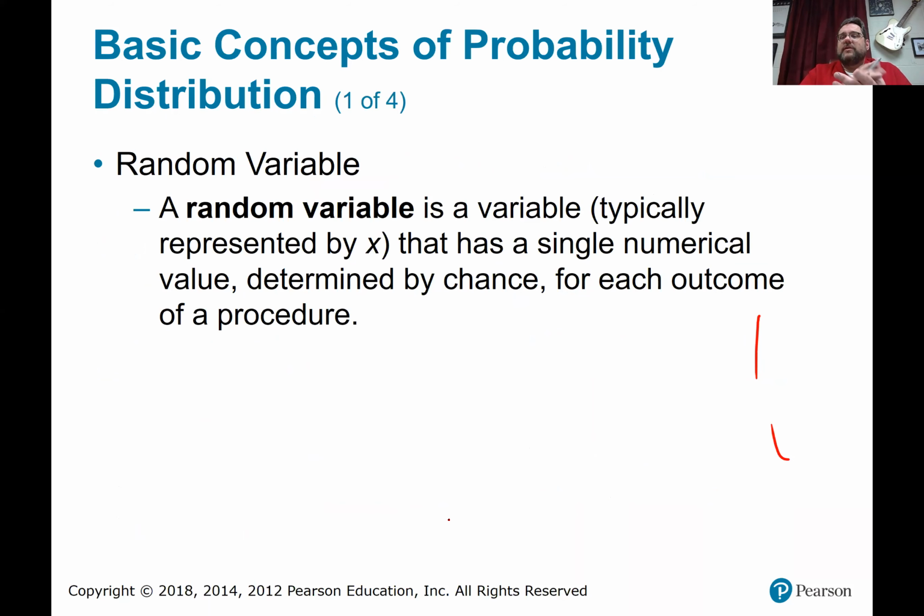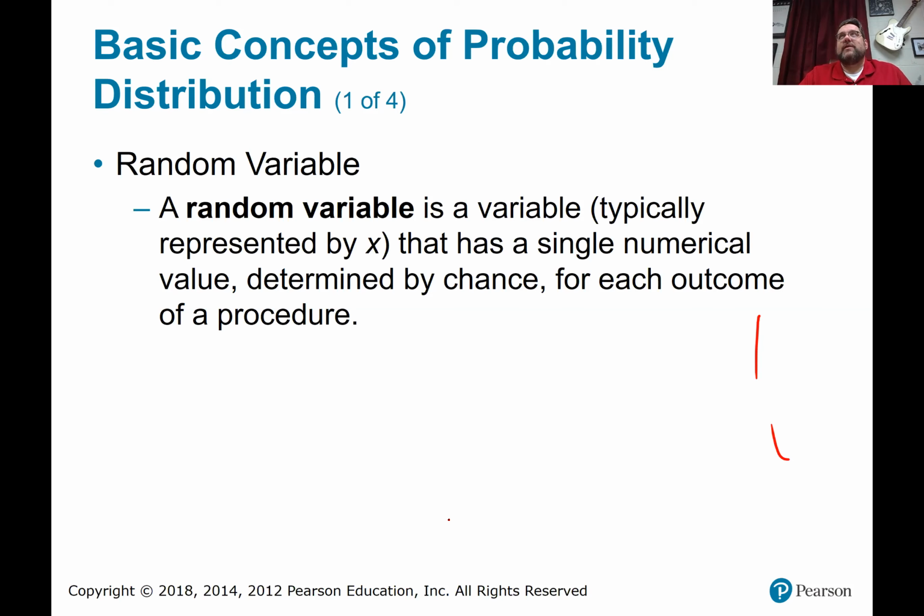All right, so let's start off with talking about what a random variable is. A random variable, usually we're going to use X, has a single numerical value for each outcome of a procedure. Let's say we were going to have some sort of experiment where we flip a coin twice, and then record how many heads there were.